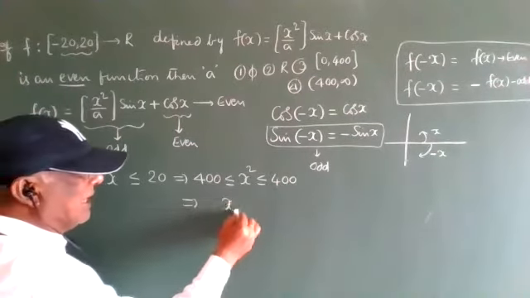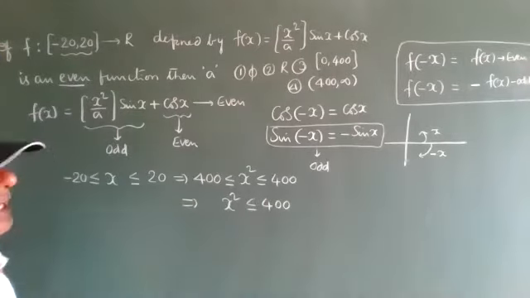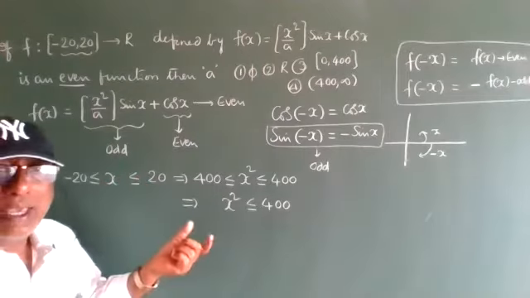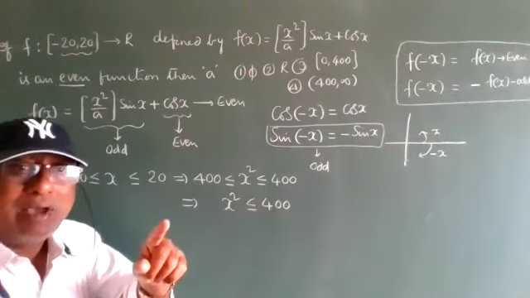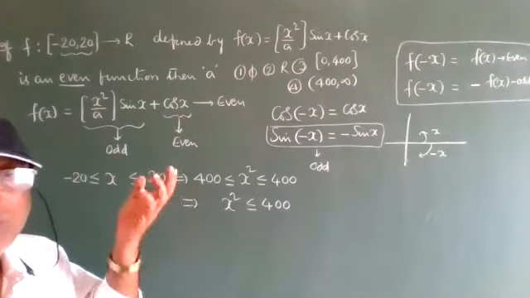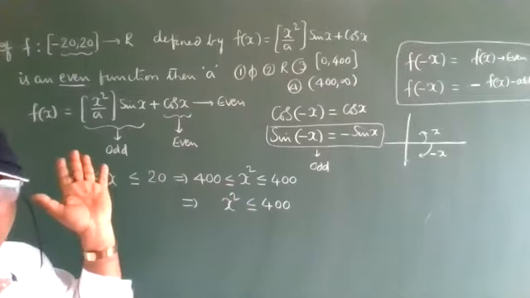Therefore, x square is less than or equal to 400. Here is x square by a. If a value is above 400, like 402, 403, 405, its value will become 0 point something.